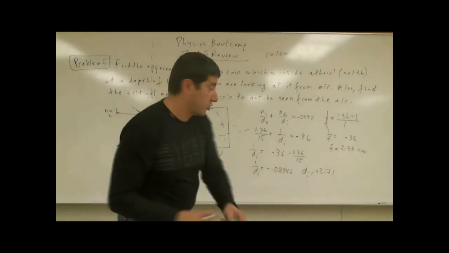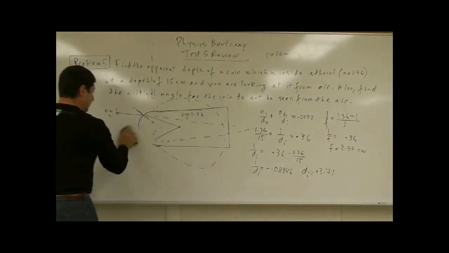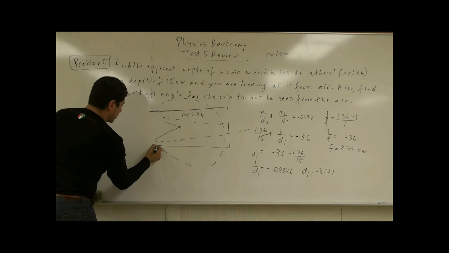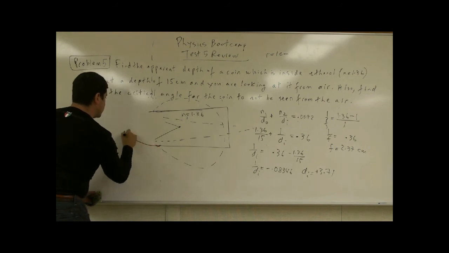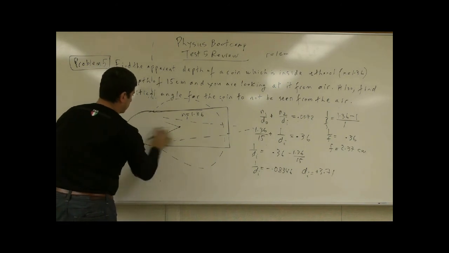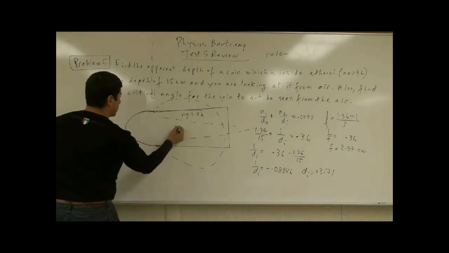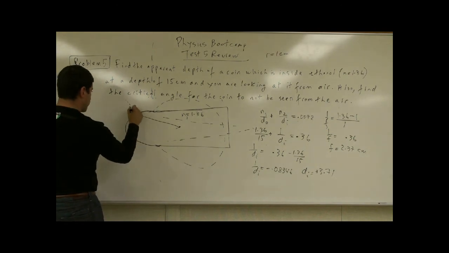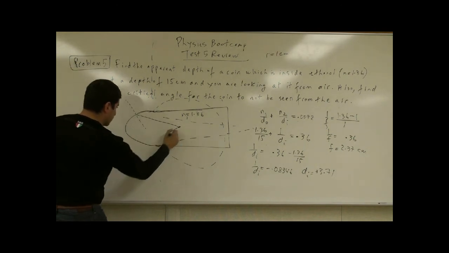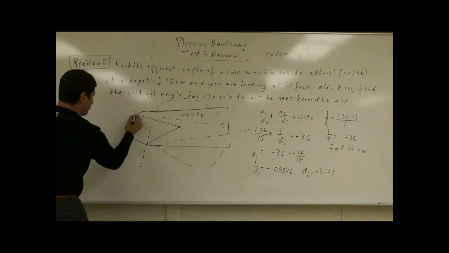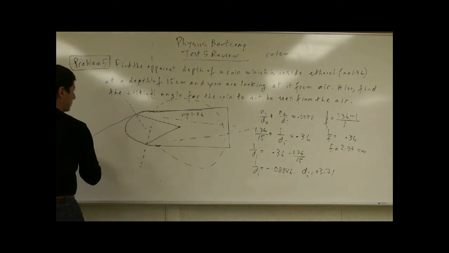So what does the picture look like over there? Okay, approximate picture I'm going to draw. So I'm going to make the curvature really, really steep. Okay. So what's going to happen? The light ray comes, and it looks like this, the normal.